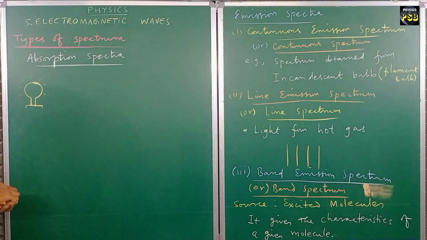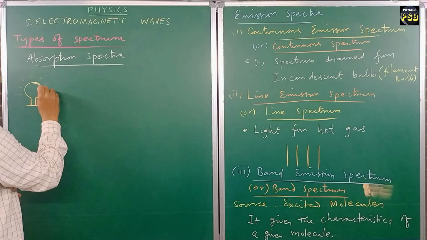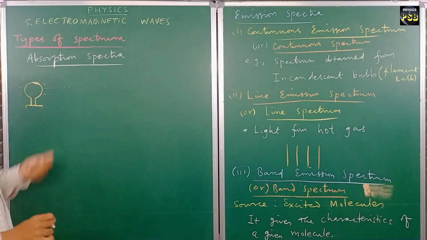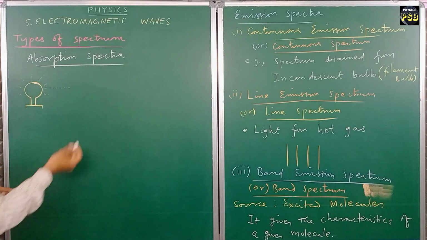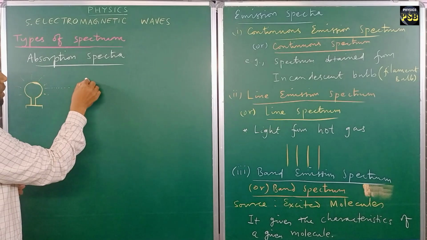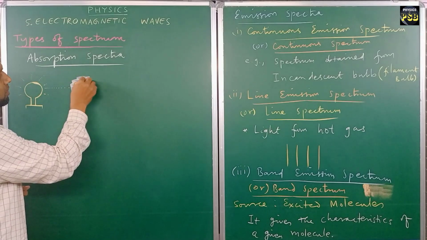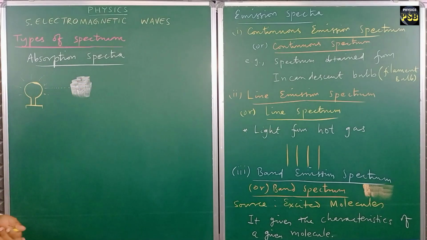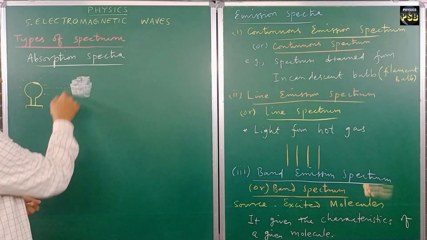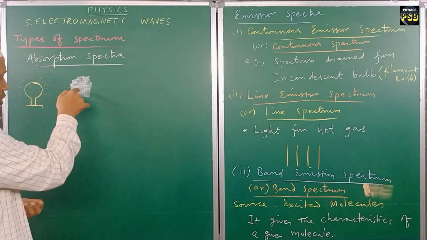When a ray of light from this source is passed through some absorbing substance, first this substance will absorb some of the light falling on it.